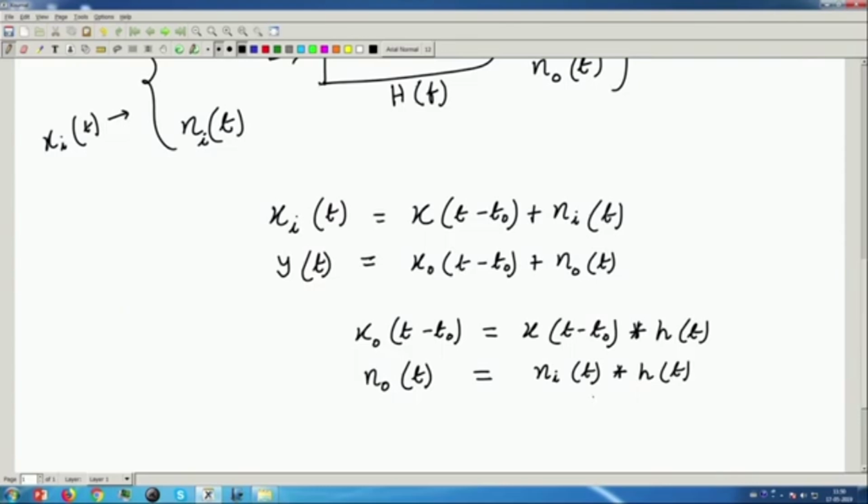Let me name the equations because some mathematical derivations will come.